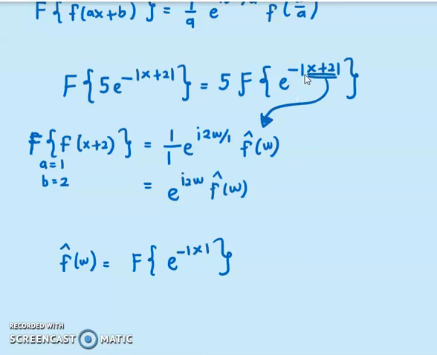Now all we are left with is this, and this is by the definition, from the Fourier table.